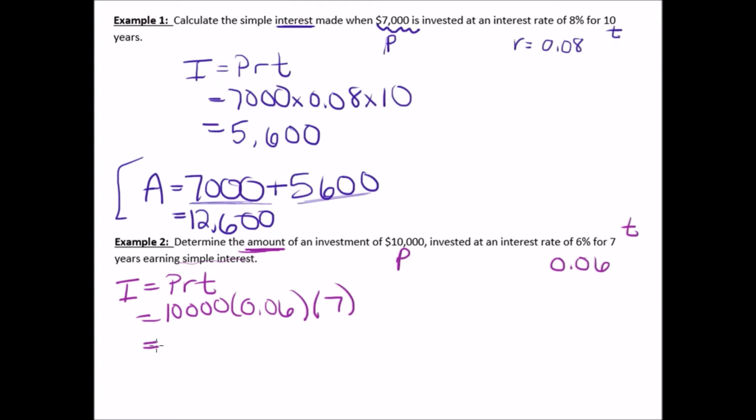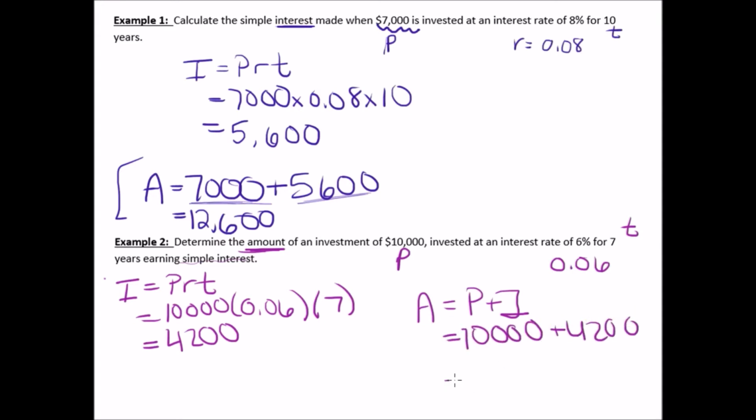When we multiply that, we get 4,200. Then the amount is going to be the principal plus the interest, so 10,000 plus 4,200, which gives us 14,200.